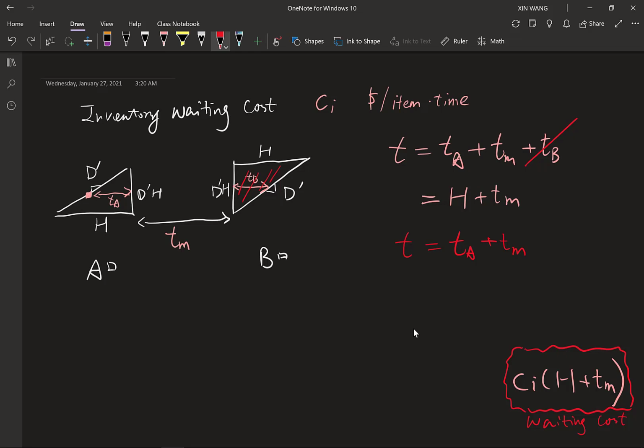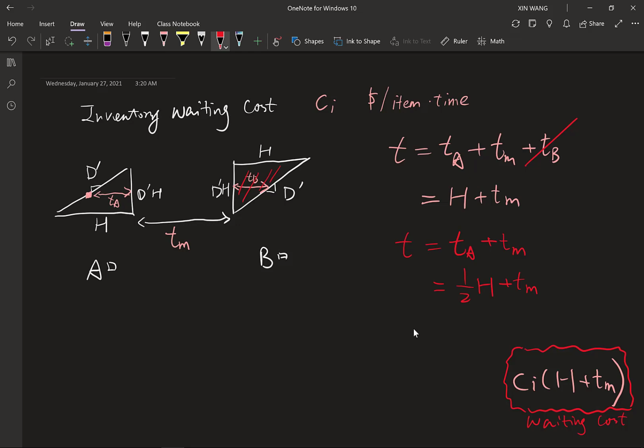It varies based on how close they arrive at station A to the bus arrival. So in this case, we can calculate their average travel time. That is half of the headway, and then plus the transportation time.